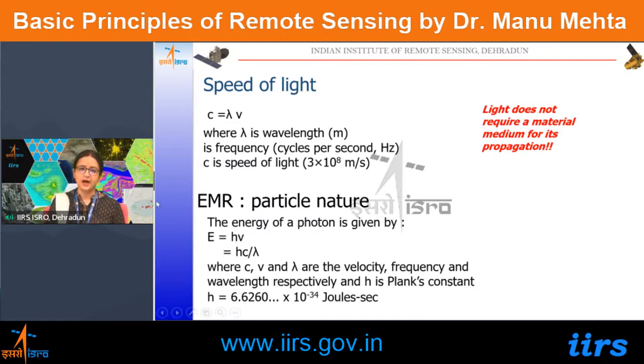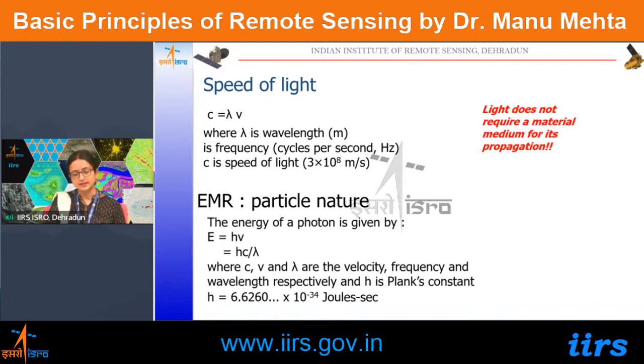So how are frequency and wavelength related? Frequency is inversely proportional to wavelength. Putting this together in the form of an equation, the product of wavelength and frequency is a constant, and this constant is the speed of light, whose value is 3 into 10 to the power 8 meters per second.